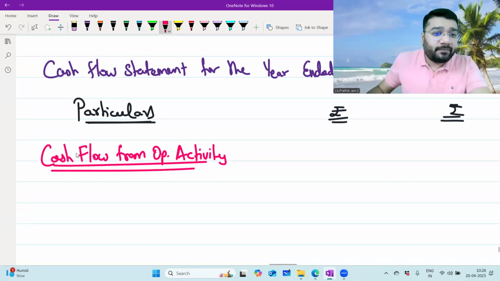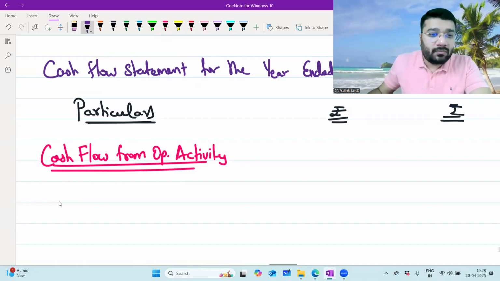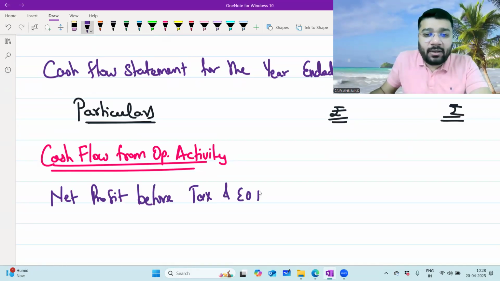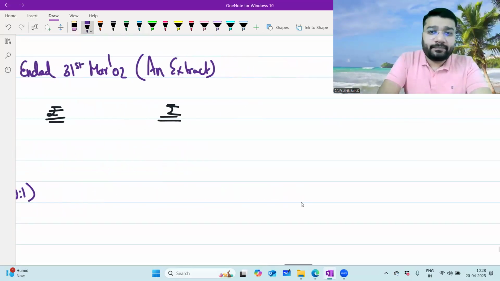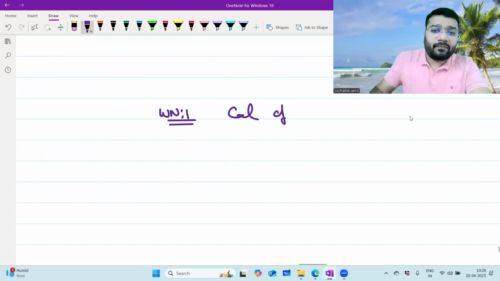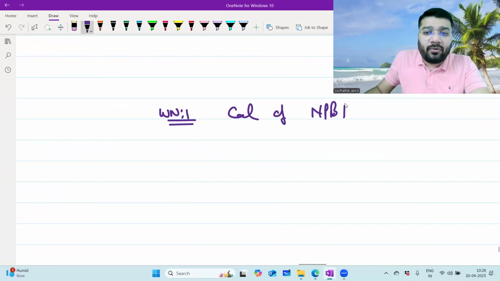Under that, net profit before tax and extraordinary item. This is not given, so working note number 1: calculation of net profit before tax and extraordinary item.